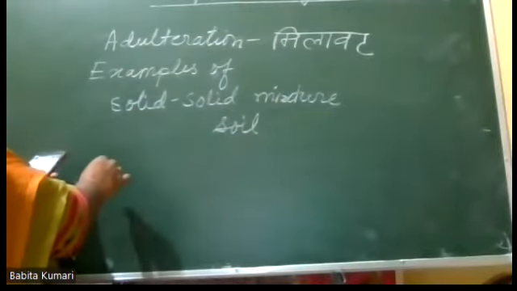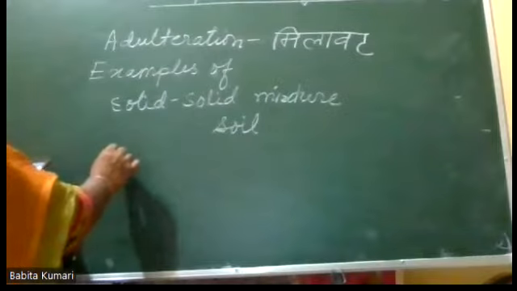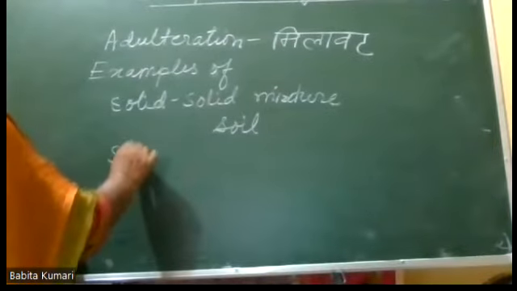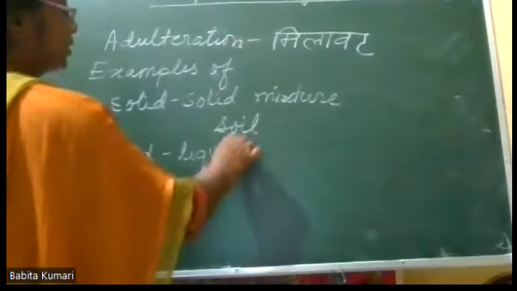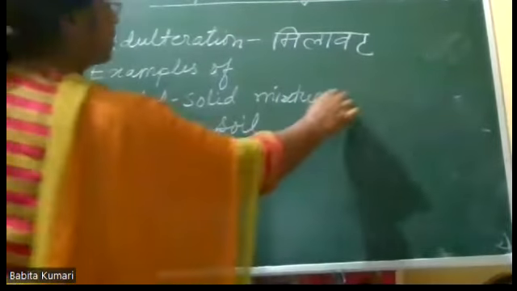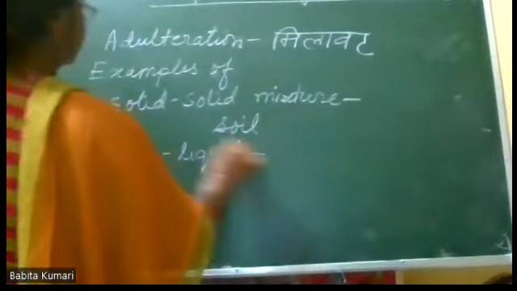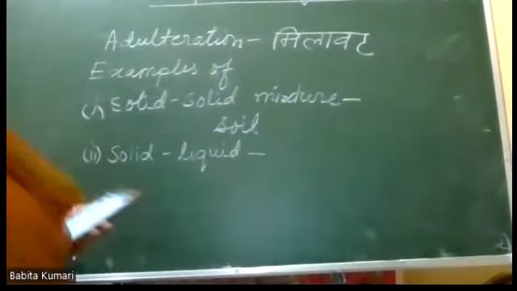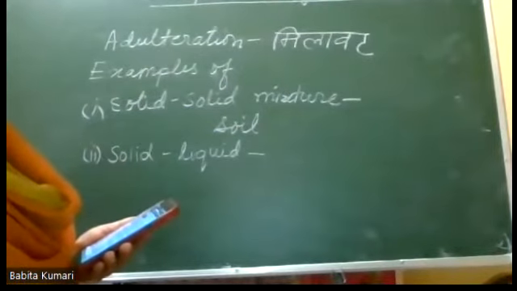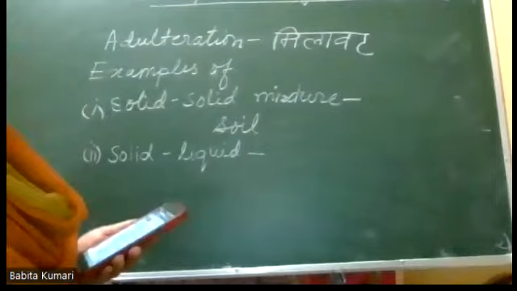Then we will talk about mixture of solids with liquid. That is a solid liquid mixture. You can give any example of solid liquid mixture. हाँ देखो, salt in water भी हो जाएगा, sand in water भी हो जाएगा.